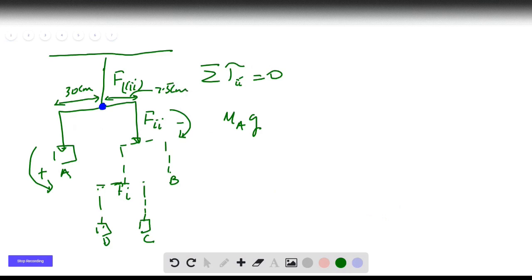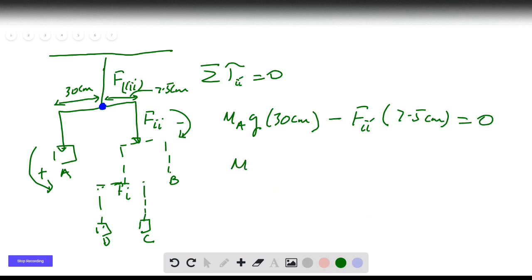So MAG times 30 centimeters, that's the torque due to A, minus F2 times 7.5 centimeters. Those two will give you 0.